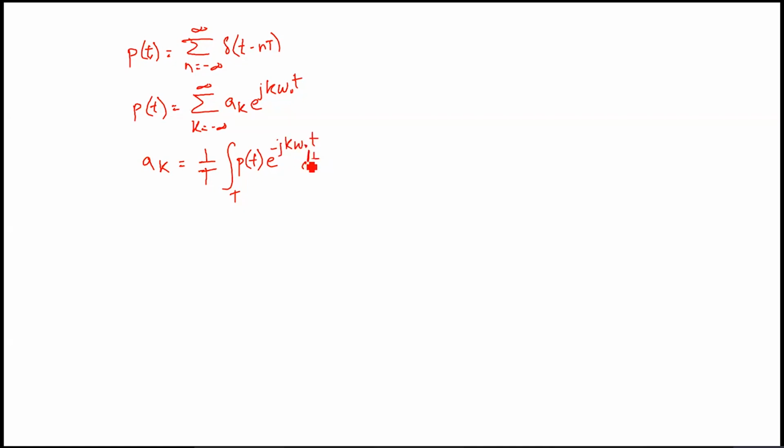This we have just evaluated. This came out to be equal to 1 over T. So a_k came out to be equal to 1 over T. That means all these complex exponentials have value equal to 1 over T. Now we can represent this a_k against k.